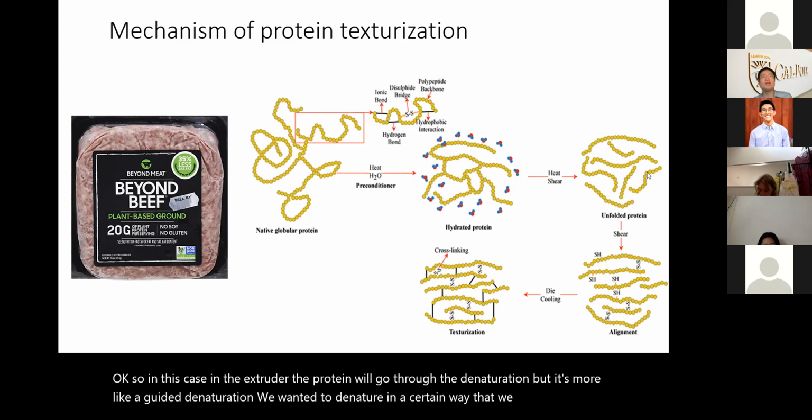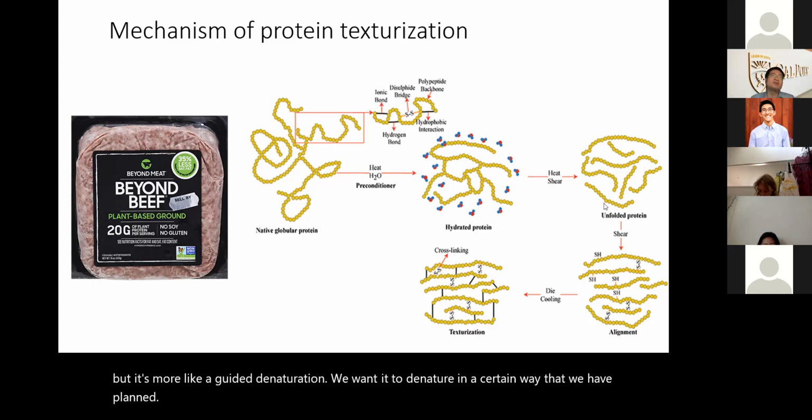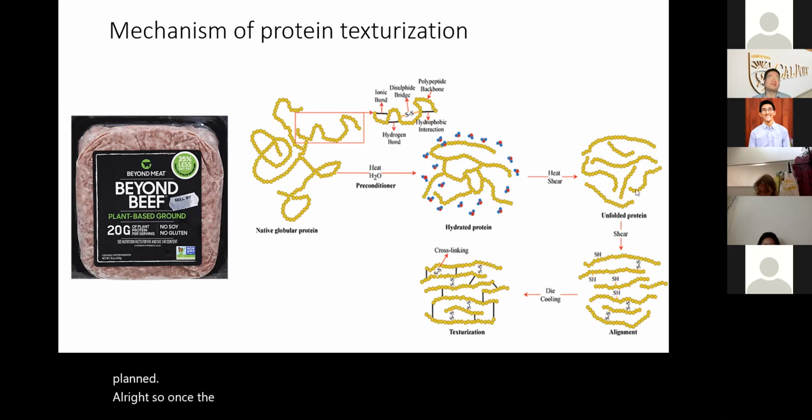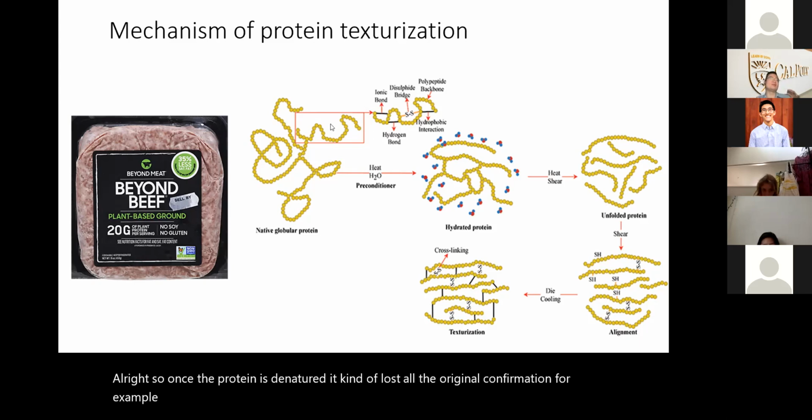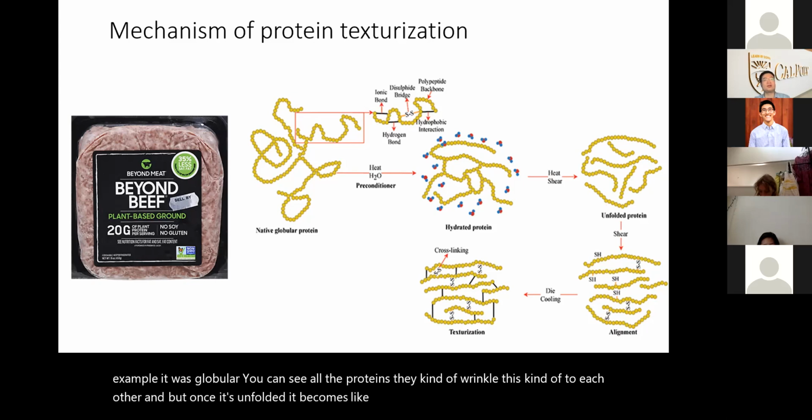All right, so once the protein is denatured, it has lost all the original conformation. For example, it was globular, and you can see all the proteins wrinkle and fold onto each other. But once it's unfolded, it becomes a very long chain structure. So you don't see any of those foldings.